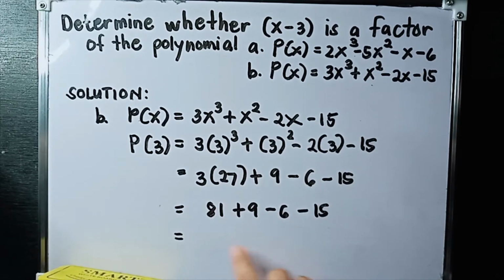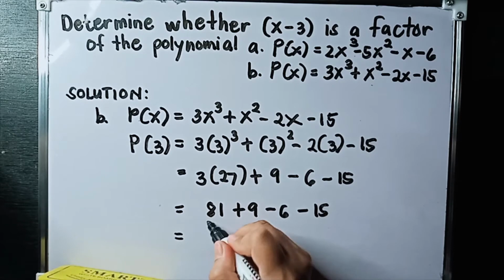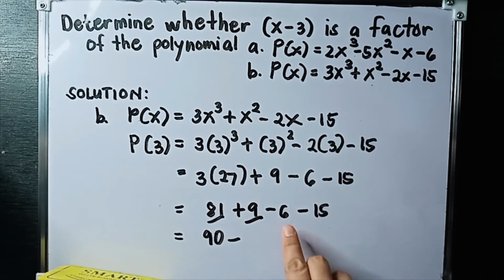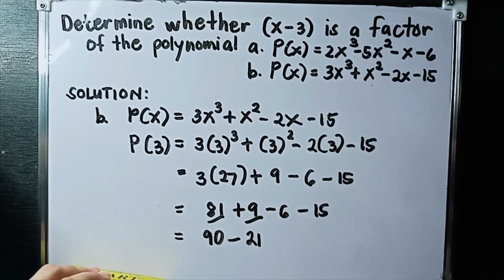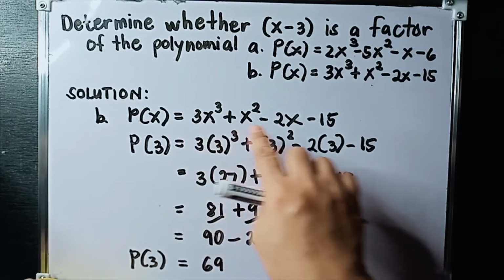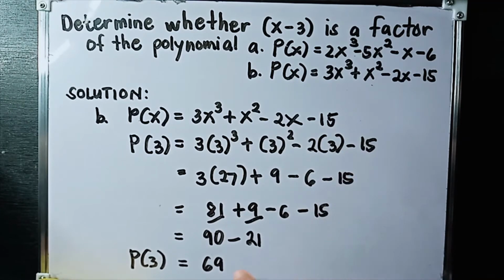I'll be combining the positive first, 81 and 9. So I have here 90 minus, negative 6 and negative 15 is negative 21. And then subtract, which is 69. So therefore, the value of p of 3 in this polynomial is 69.